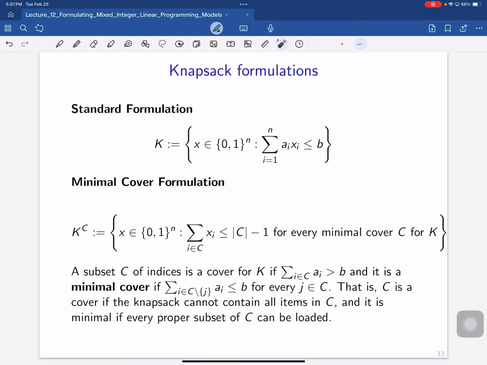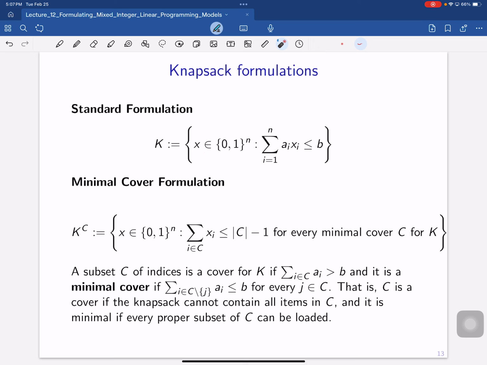Now, I told you this is a different formulation than the standard formulation. That means these two formulations must be representing the same problem. So why do they represent the same problem? It's not as trivial as that. How do you show these two sets are equal if you have integrality constraints? If you have the 0, 1 constraint, these two sets are equal to each other.